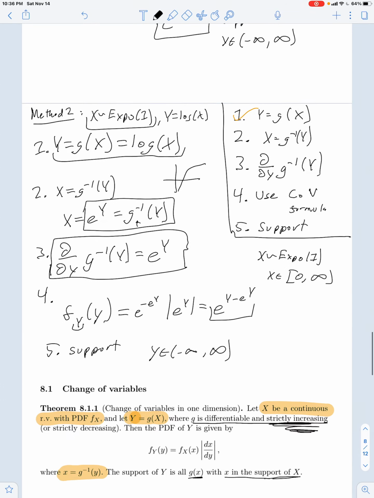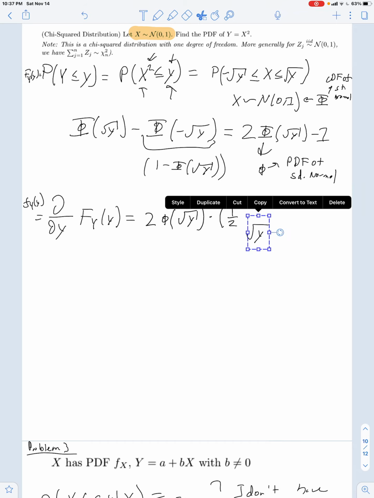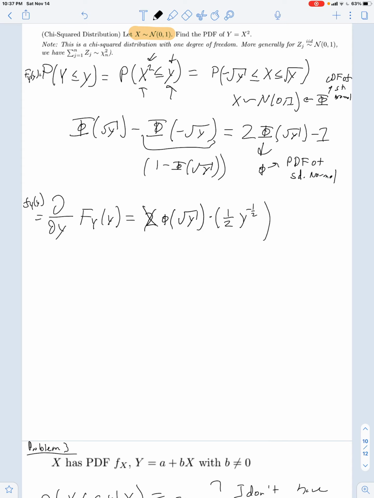You could write it out, but I'm not going to. So 2 phi evaluated at the square root of y, times, by the chain rule, 1 over 2 square root of y, or 1 over the square root of y. You could also write this as y to the minus 1/2, which is probably a little cleaner. And the nice thing is the 2's cancel, so you end up getting the PDF of the standard normal times y to the minus 1/2.